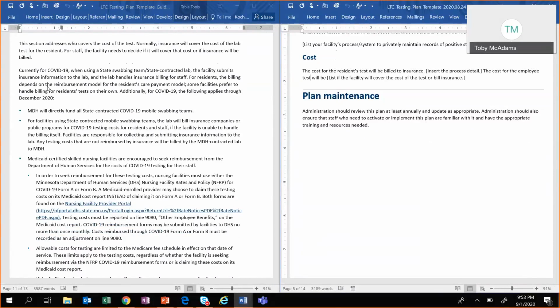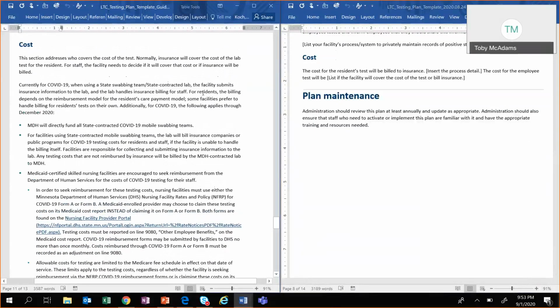We want to maximize all of our resources. We want to ensure that we are leveraging all of the potential reimbursement options that we have. Because no one facility, no one agency or organization can take on 100% of the cost indefinitely. And so we need to think about what is the most sustainable long-term approach.